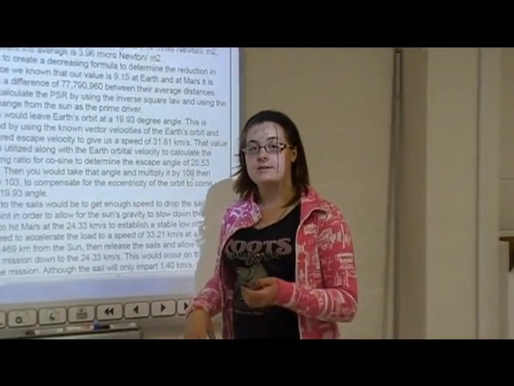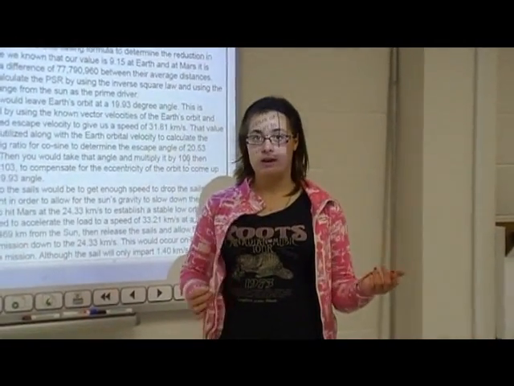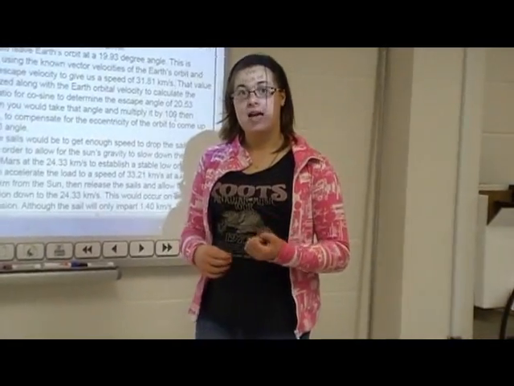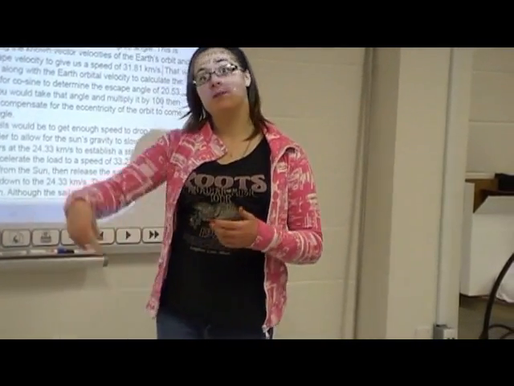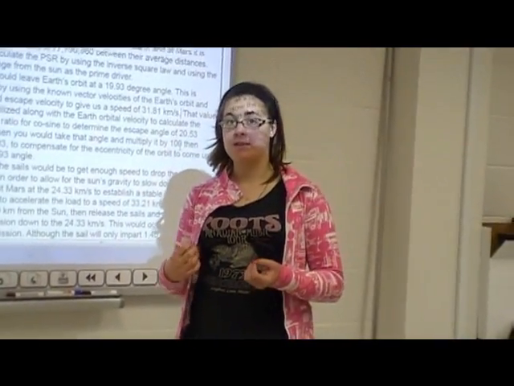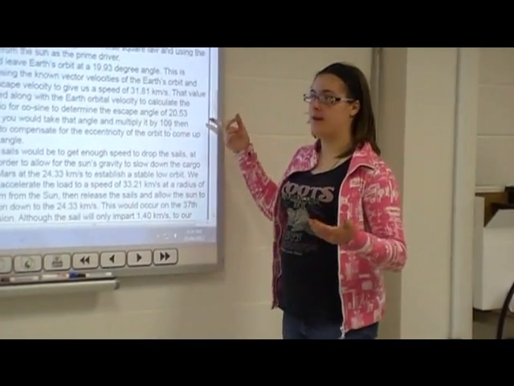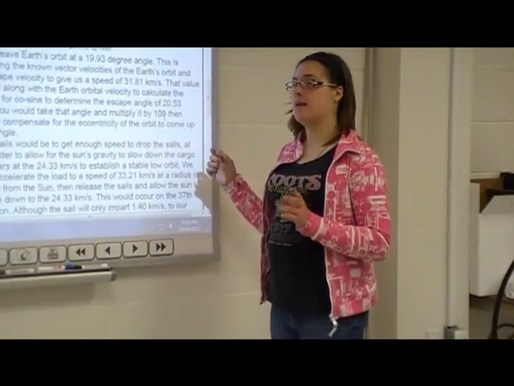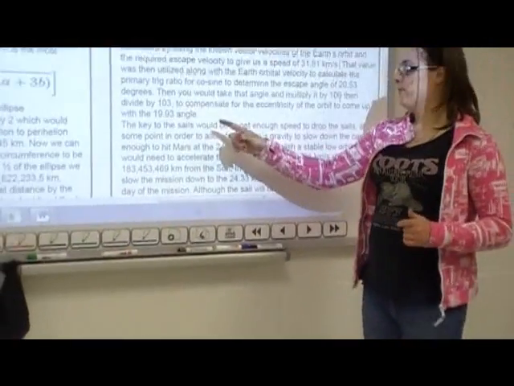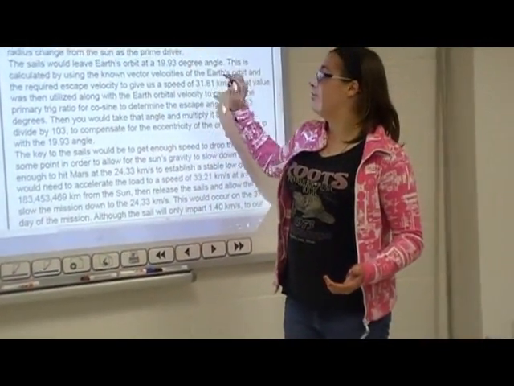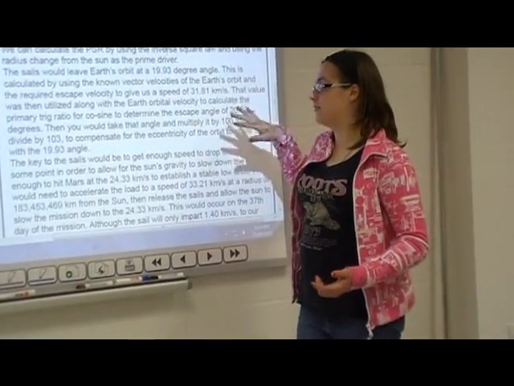However, that's not the exact angle, because as shown in my other video, you have to calculate for the Earth's eccentricity, because Earth's orbit isn't fully circular, it's actually an ellipse. So to compensate for this, I'd multiply the angle I discovered, the 20.53, by 100 and divide it by 103, which gave us the 19.93 degree angle I talked about earlier.